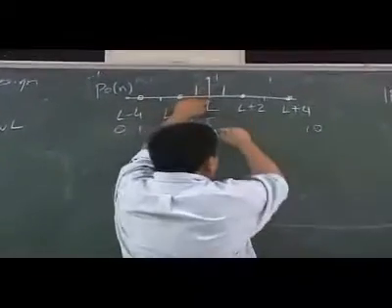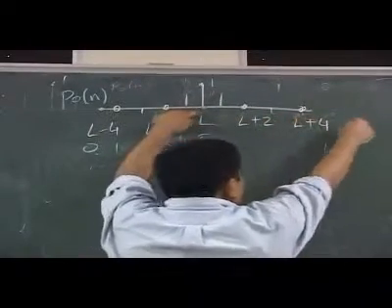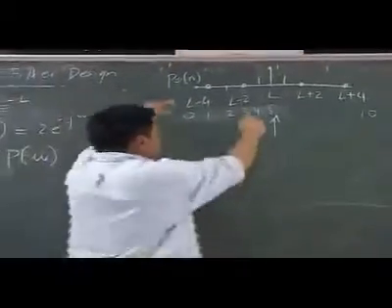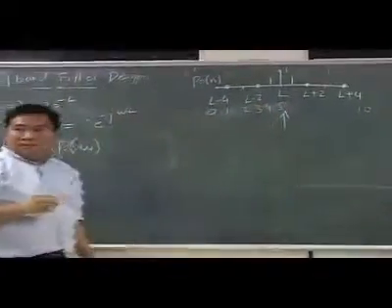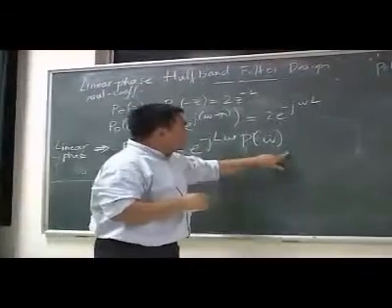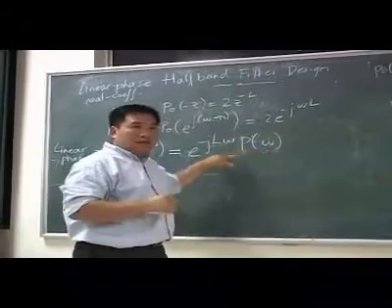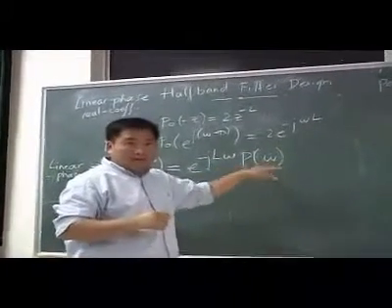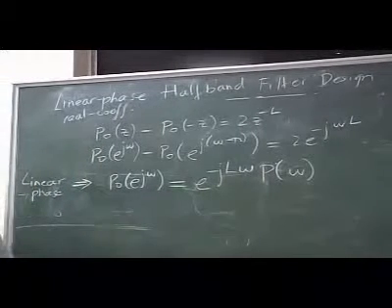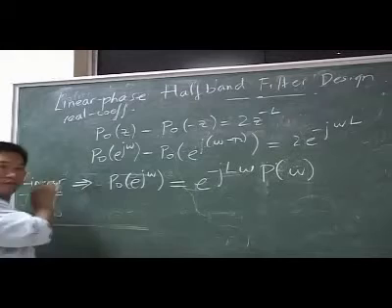You have 0 omega, 1 omega, 2 omega, 3 omega, and so on. At the end, you have L omega, because you have 0 to L. Is that clear? I'm grouping all of that into an expression called P of omega. Now it's only a function of omega. There's no phase in here. It's a real quantity. And this is a direct property of a linear phase system.